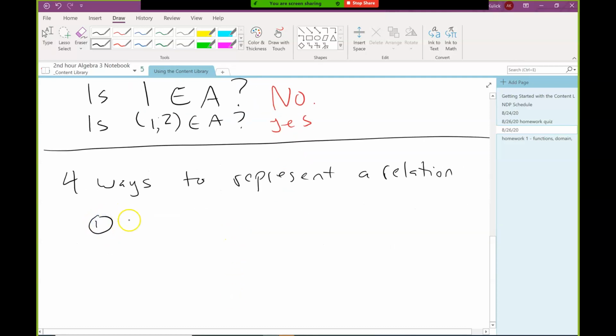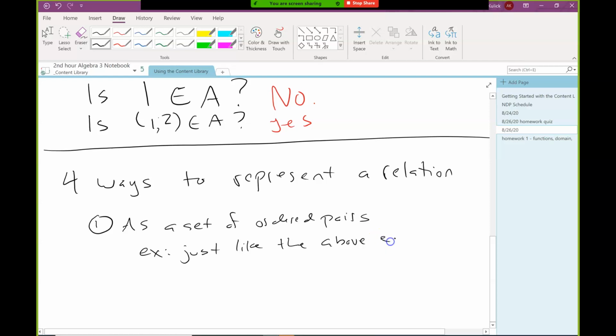So the first way is as a set of ordered pairs, which would be just like we saw above, right? It's just a set of ordered pairs.